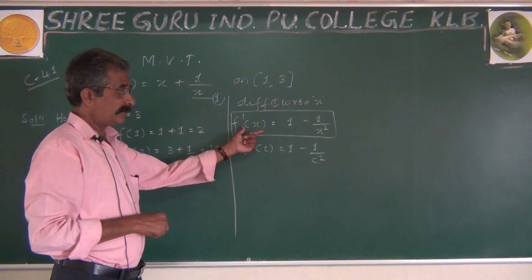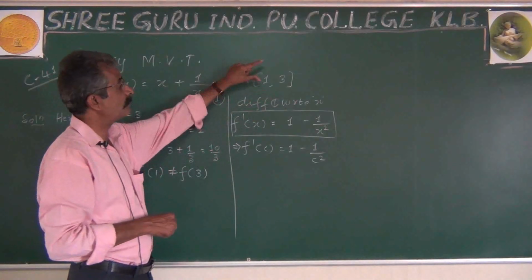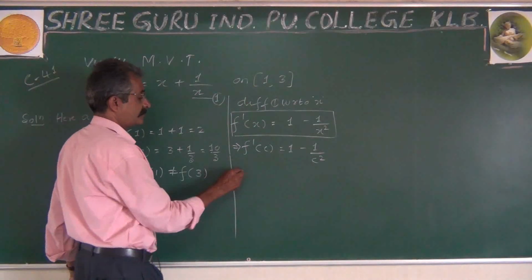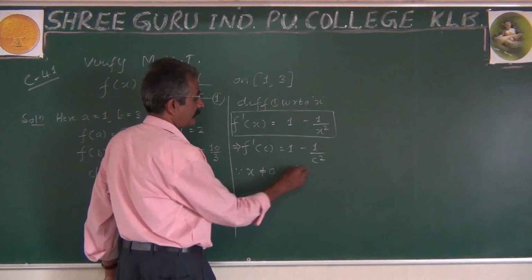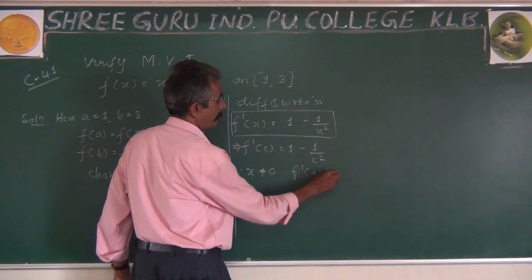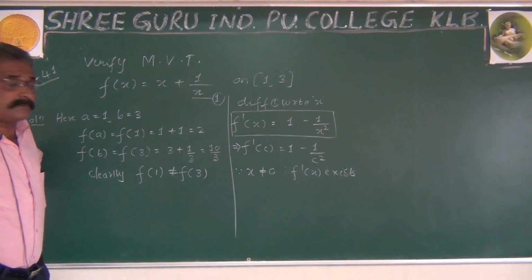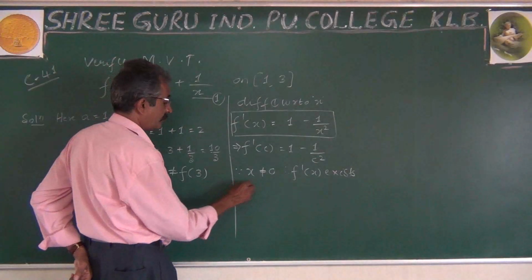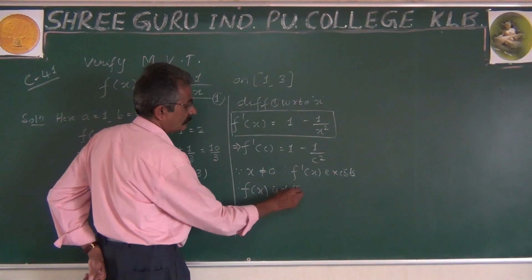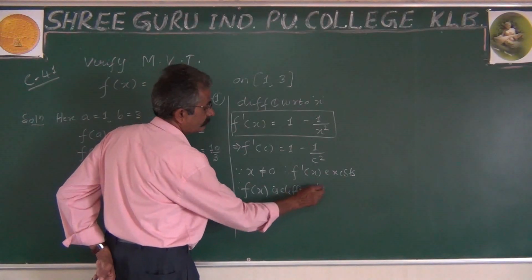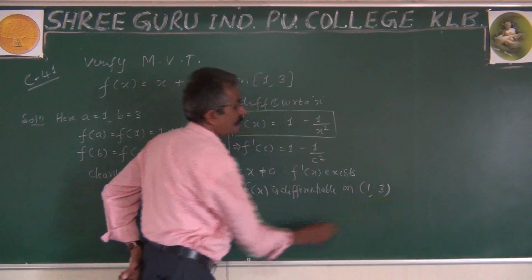f dash x does not exist only when x equal to 0. But there is no question of x equal to 0 because the interval does not contain 0. Since x is not equal to 0, therefore f dash of x exists. f dash of x exists means f of x is differentiable. Therefore f of x is differentiable on the open interval 1 comma 3.